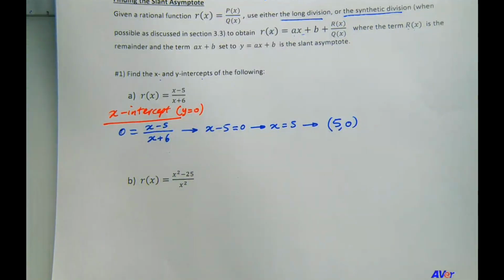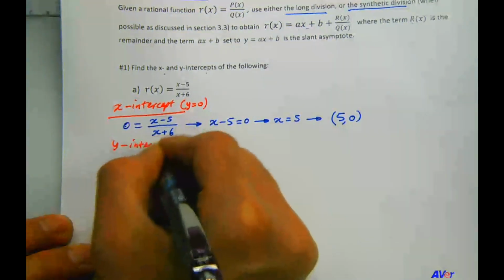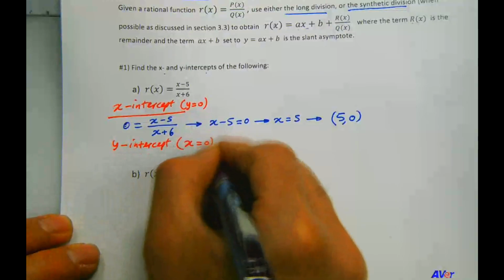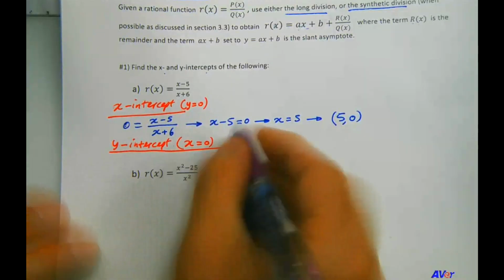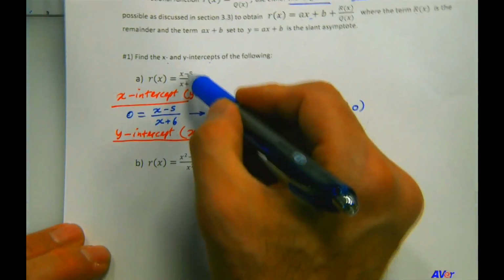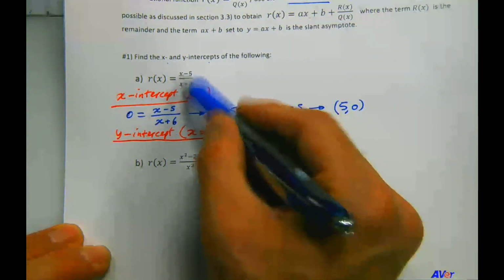Okay. What about the y-intercept? The y-intercept happens when x is equal to 0. Right? So, in that function, let's substitute for x with 0.